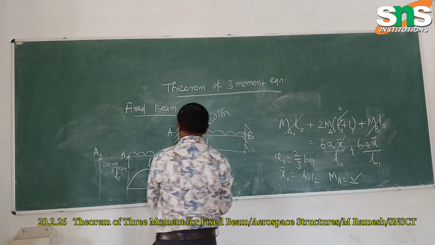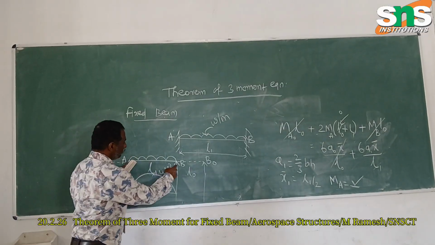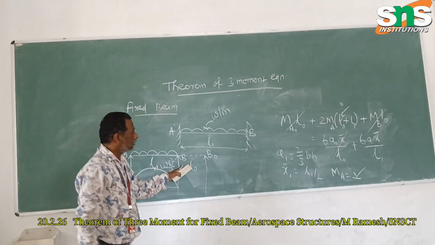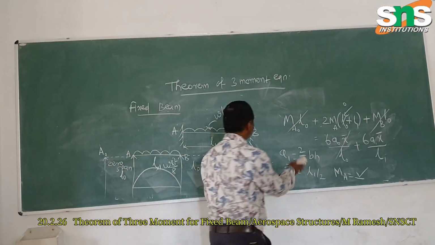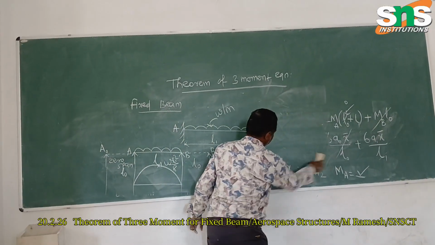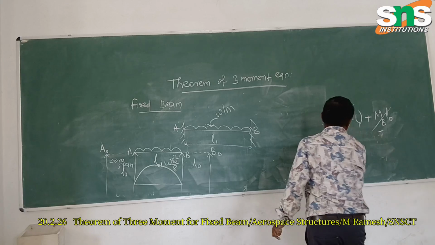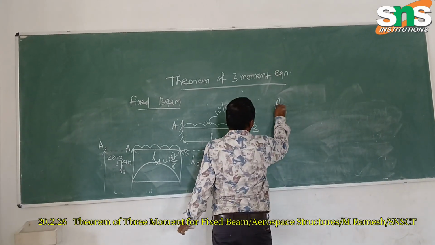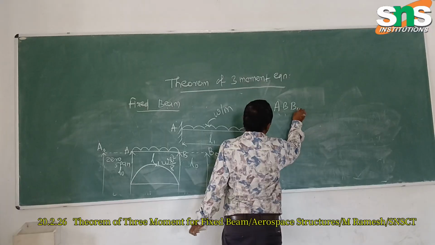Another region means this one, AB D naught, because we have to find what MB is also. So for that we need to rewrite the Theorem of Three Moments equation for this region, that is AB D naught.